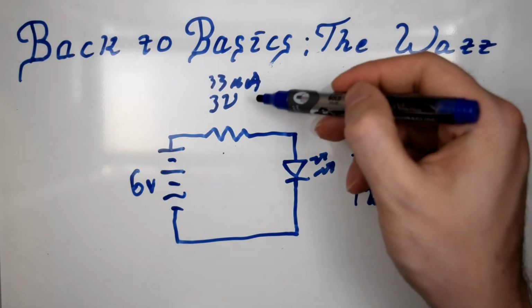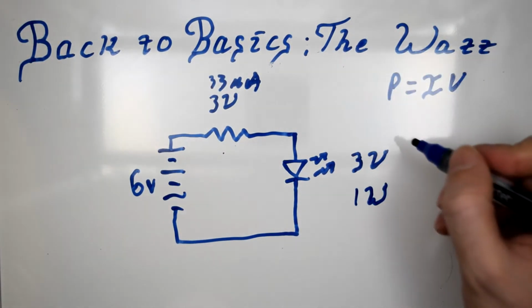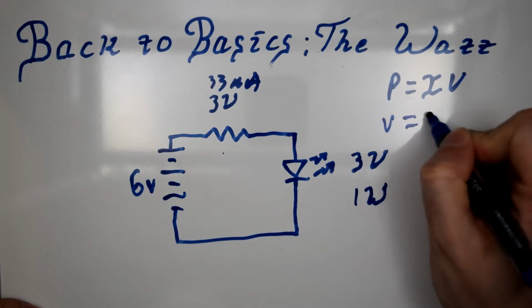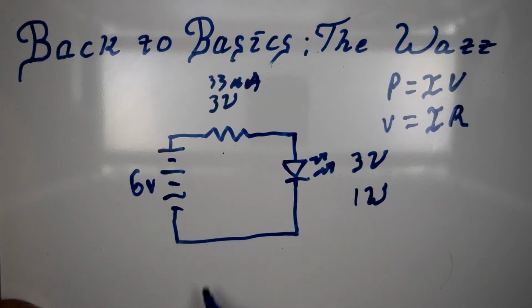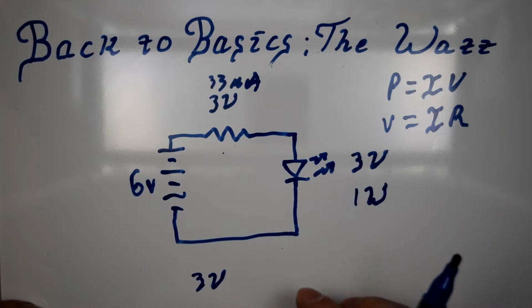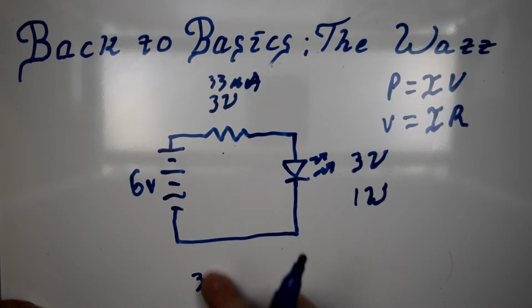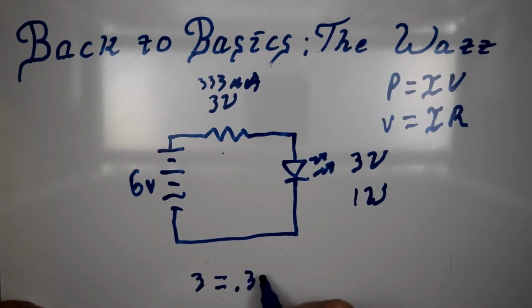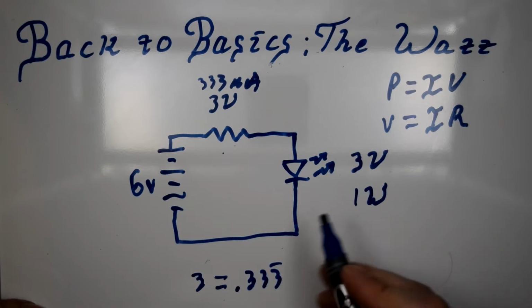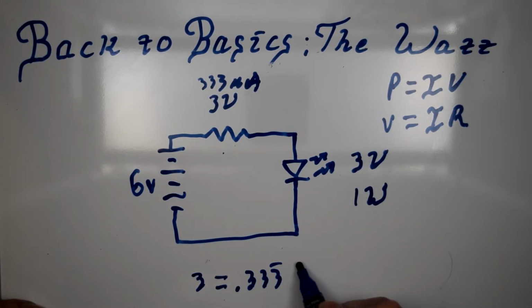We have current, we have voltage, so we can use V equals I R. We have 3 volts equals our current of 0.333, repeating technically, multiplied by our resistance.